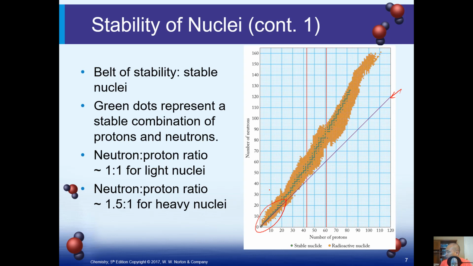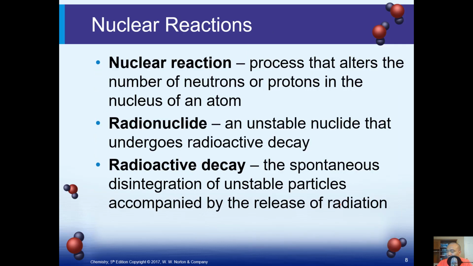And you might have noticed that after atomic number greater than 82, there are no green dots. Please note the green dots represent nuclei having a combination of neutrons and protons that are stable. So this means starting from atomic number 83 and up, the nuclei are not stable.